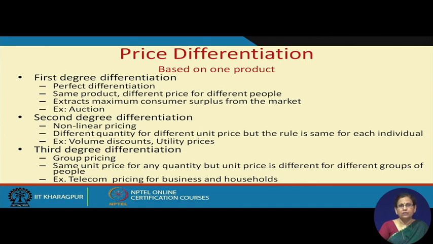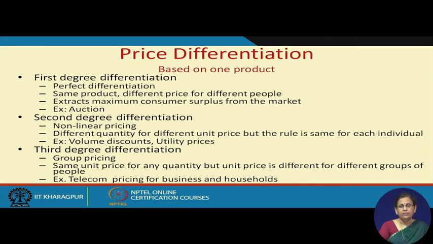The next one is your third degree differentiation, which is about group pricing. Think of the different prices offered by railways for different groups. For senior citizens one price, for students another price, and so on.